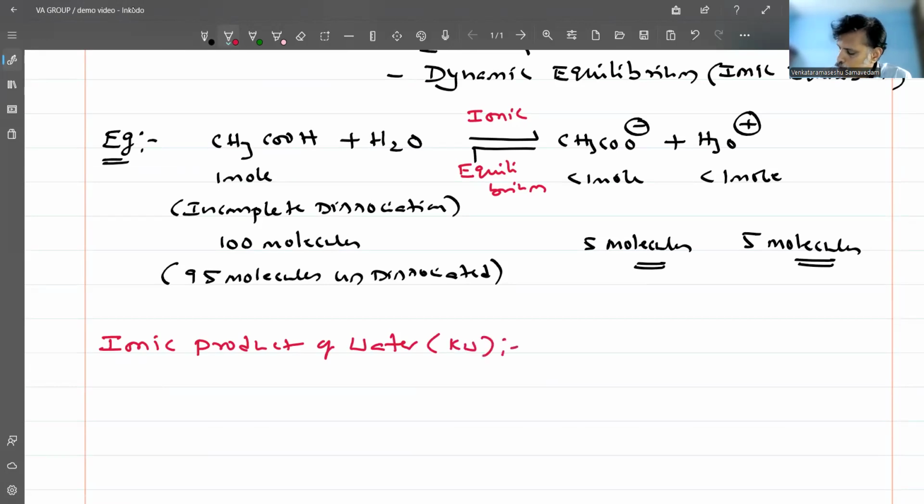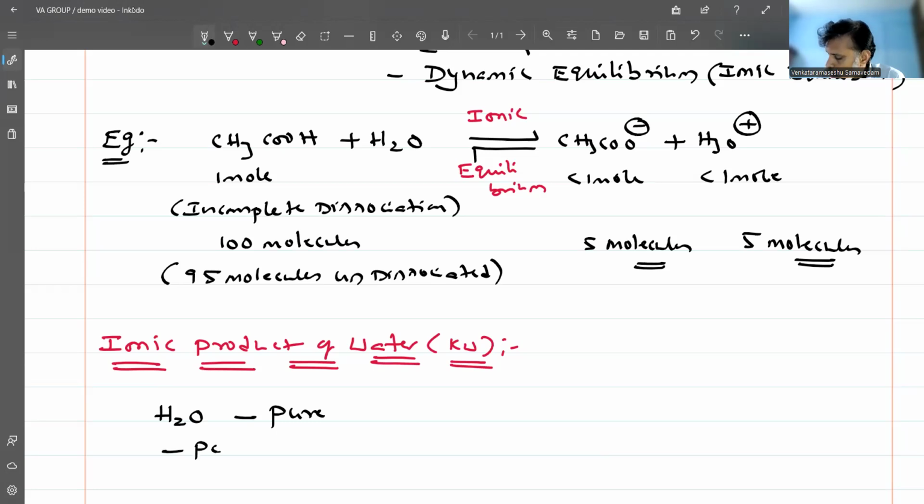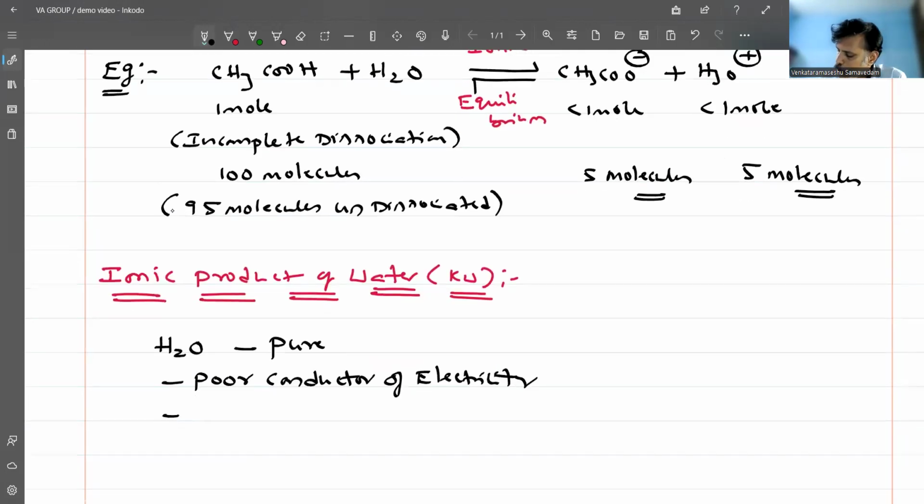Kw. If you want to explain the ionic product of water, you have to know about the equilibrium condition. If you take pure water, pure water is a poor conductor of electricity.